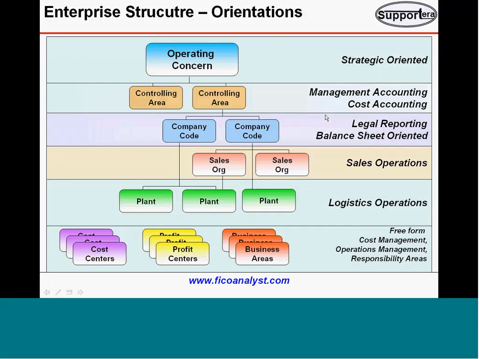But what is the primary thing that top-level management is interested in? They are interested in strategic decisions, right? They are always thinking of strategy. What is happening from the overall perspective for the company?